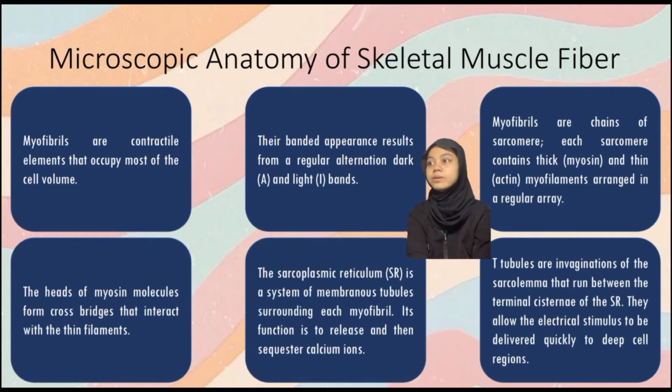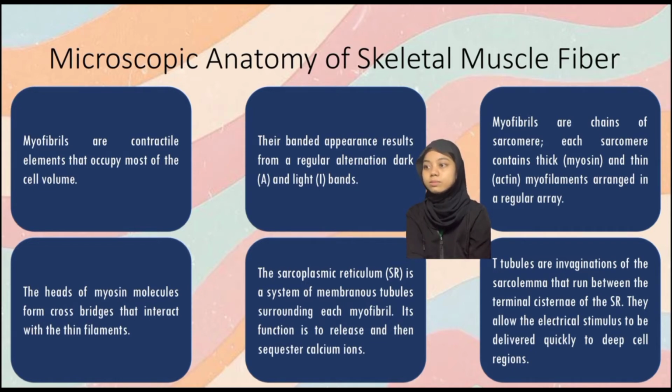Their banded appearance results from a regular alternation of dark A bands and light I bands. Myofibrils are chains of sarcomeres. Each sarcomere contains thick, which is myosin, and thin, which is actin, myofilaments arranged in a regular array. The heads of myosin molecules form cross bridges that interact with the thin filaments.